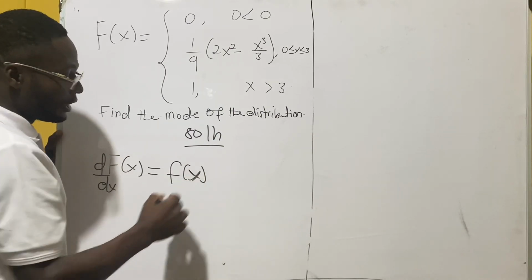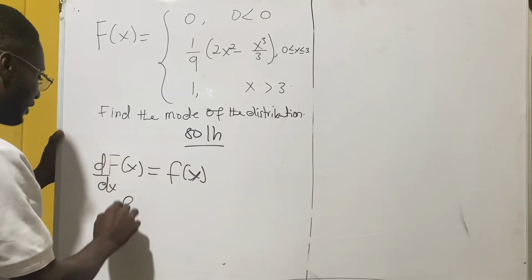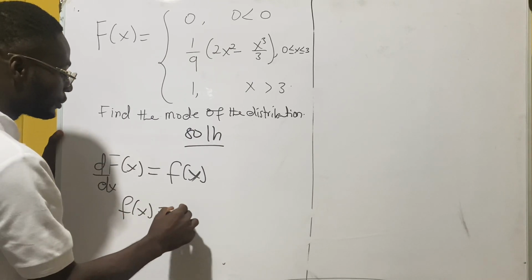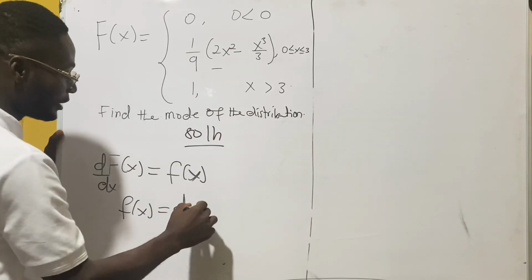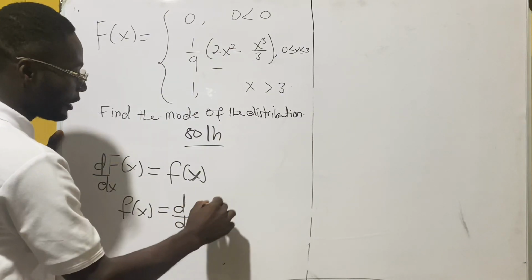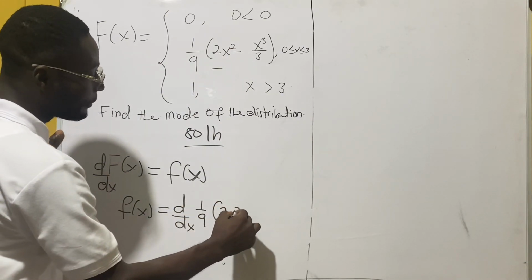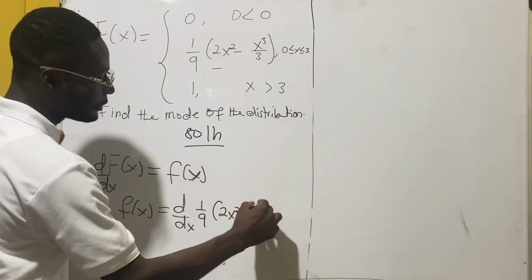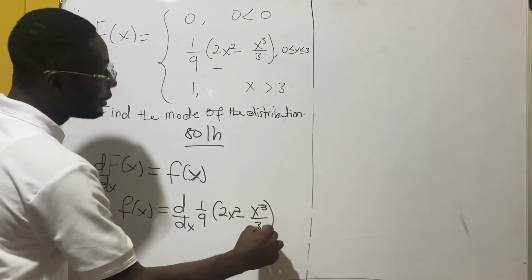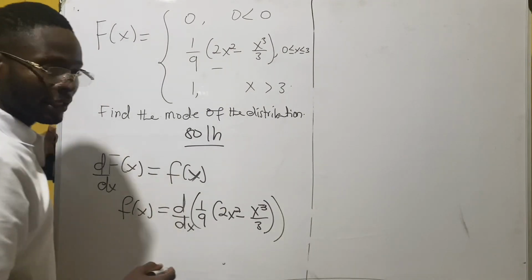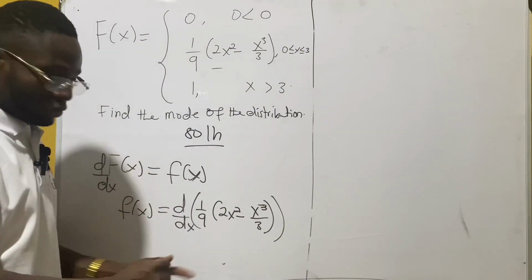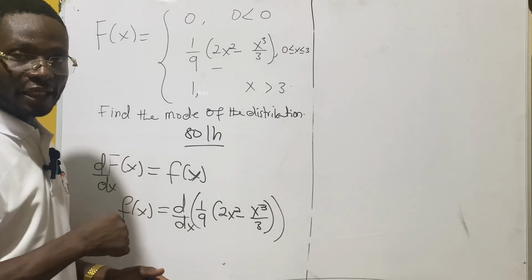Okay, so this is what we have. So f of x will be equal to the differential of the CDF. And the CDF here is 1/9 into 2x squared minus x cubed over 3, right? So this is what we have, okay? And we want to differentiate it to have the PDF.